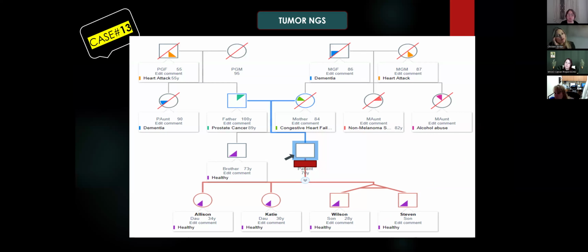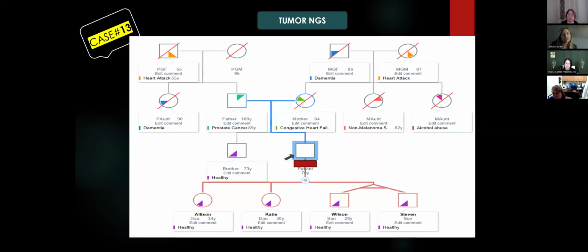And this is an example of a patient that was referred because of tumor next-gen sequencing results. So essentially, they had a colon cancer at the age of 70, but they didn't really have anything much going on in the family that was cancer-wise.